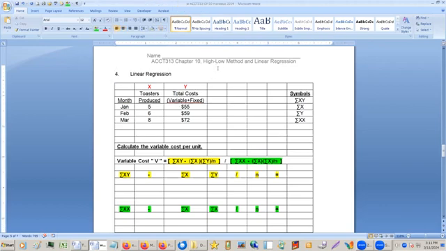So the total costs are always Y's because we're trying to explain it. And this is the equation that you're really trying to, let me think how to put this. I'll put it in mathy terms, and you don't need to put this down.